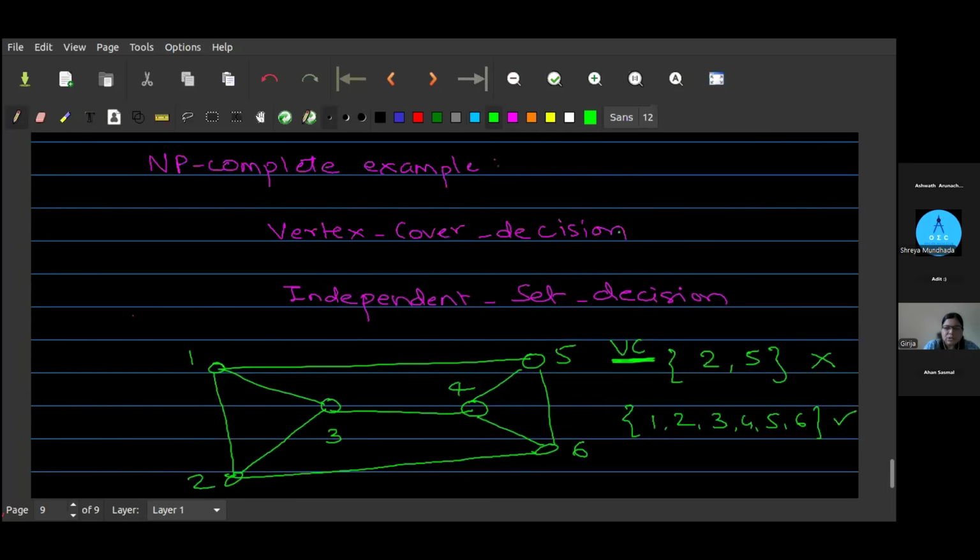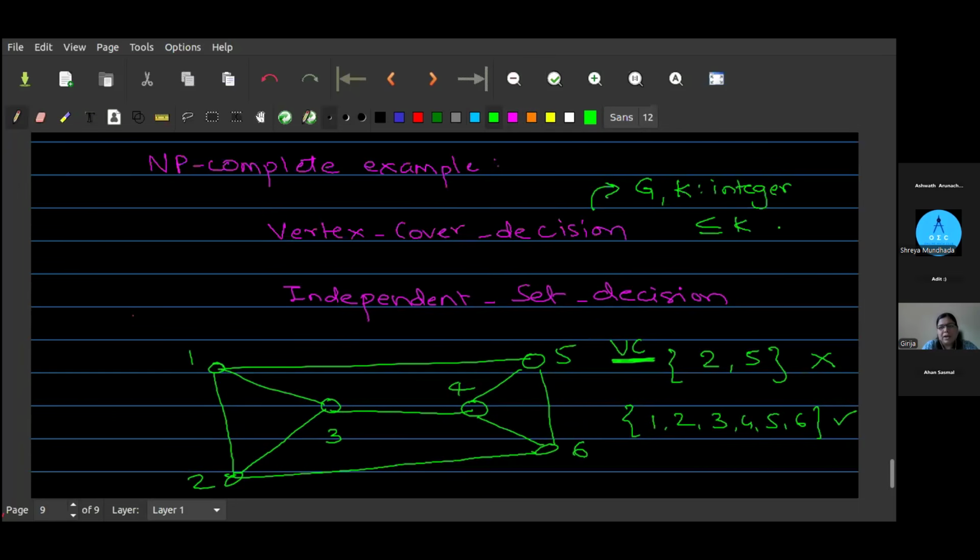And what is the decision question here? We are not looking at the optimization problem. I give you a graph like this and an integer k, and the question is whether there exists a vertex cover with at most k vertices. At most k, because we are minimizing, so we put an upper bound.